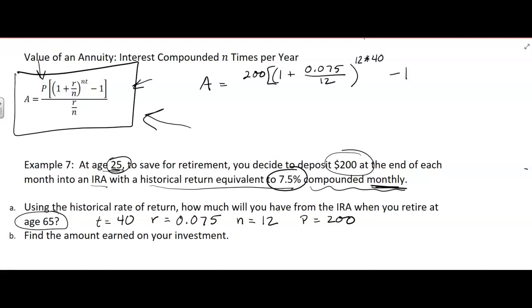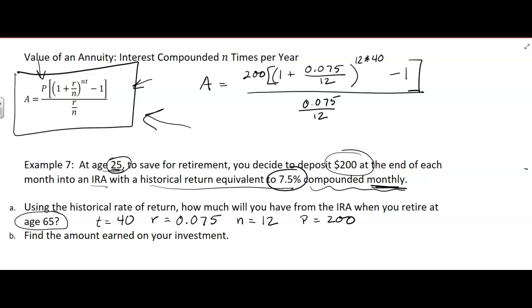And then minus 1, and then close that off with a bracket, divided by r. I'm putting in the values, right? R was 0.075 divided by 12. Okay, so you see that's in two places.